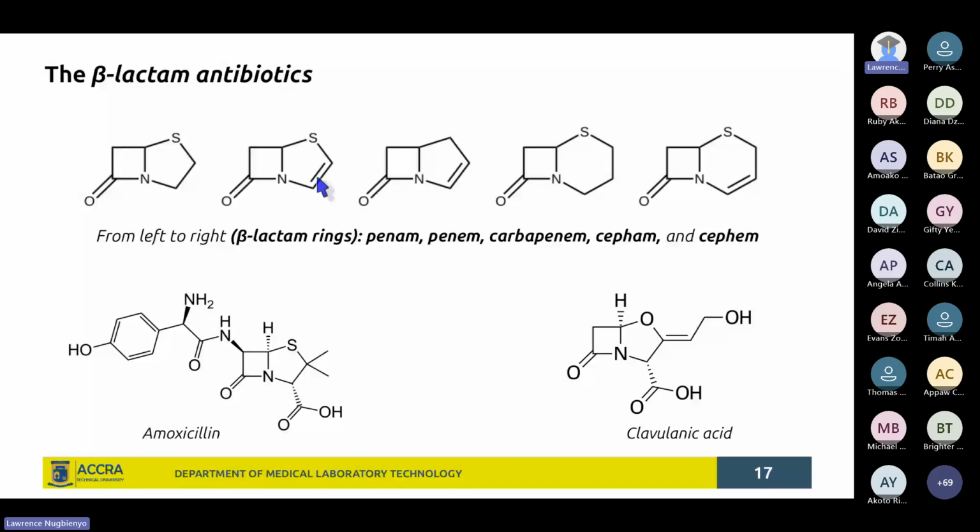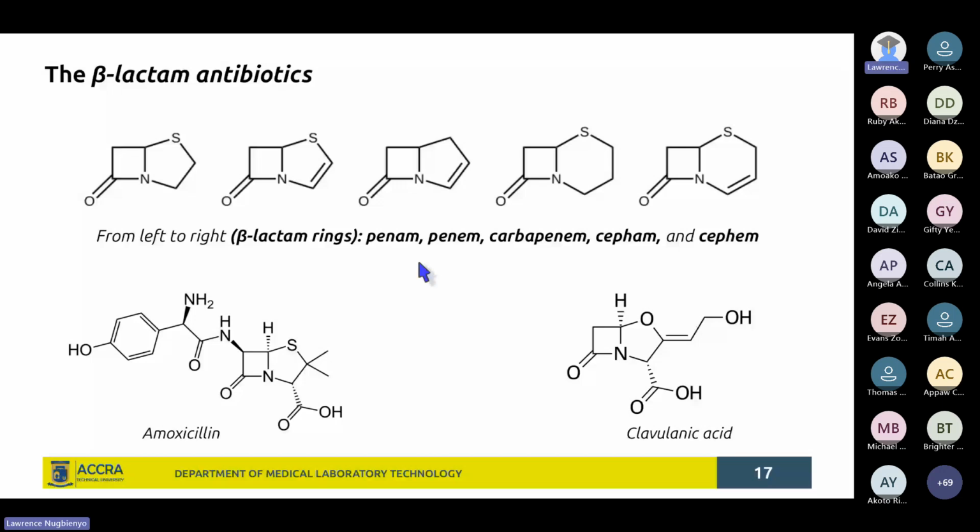And when you come to the next ring, there's no sulfur. And when you come to the next, you see it's a six-sided ring with sulfur there. Even though this is also a six-sided ring with sulfur, there's a double bond there. So you see these similar rings in the beta-lactam antibiotics, which act just like how the penicillin acted, what we just looked at.